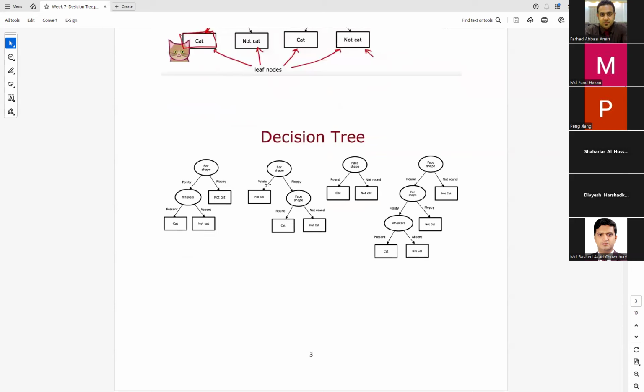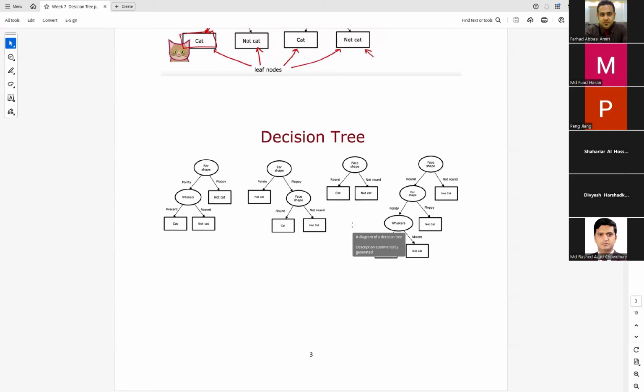We get the vote from all of them and see what the majority says. Maybe 3 of these 4 decision trees say that the image is cat, and just one decision tree, for example this one, says that it is not cat.